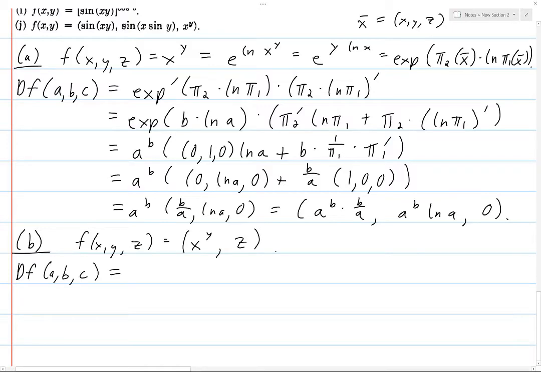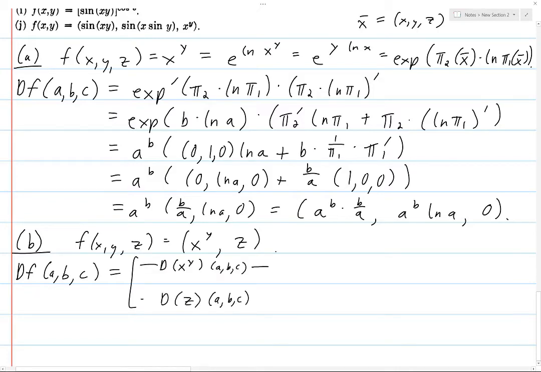A matrix whose first row is the derivative of the first function, so the derivative of the function x to the y, evaluated at the point (a, b, c). That's the first row. The second row is the derivative of the second function, which is z, at (a, b, c).